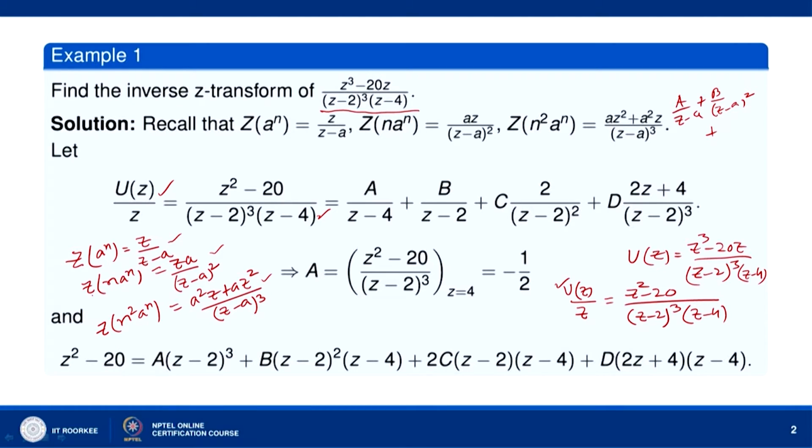Z of n a to the power n is a z over (Z minus a) whole square, and here we have only Z over (Z minus 2) whole square. So, we will have to divide n a to the power n by a. The inverse Z transform of Z over (Z minus 2) whole square will be n a to the power n divided by 2, that means n 2 to the power n divided by 2.